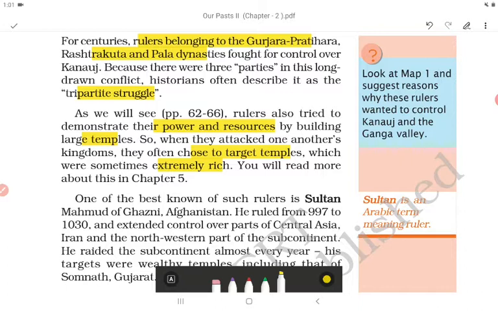One of the best known of such rulers is Sultan Mahmud of Ghazni, Afghanistan. He ruled from 997 to 1030 and extended control over parts of Central Asia, Iran, and the northwestern part of the subcontinent.